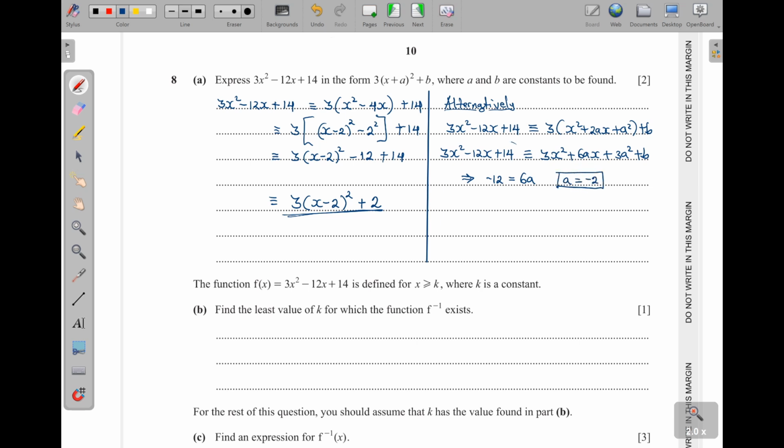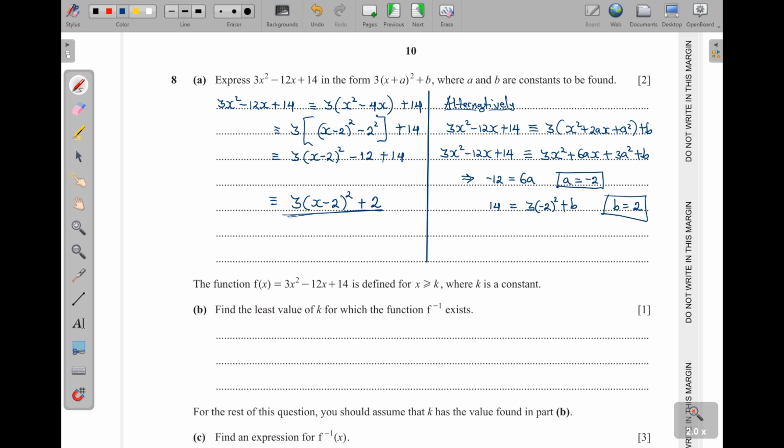Next we get the constant term, which is 14, which is going to be equal to what we are having here. That is 3, then into negative 2, the value of a squared, then plus b. So a negative squared, of course, will give us a positive. That will be 4 times 3, that will be 12. Then when you bring this one this side, it becomes a minus. So 14 minus 12, then b becomes a 2.